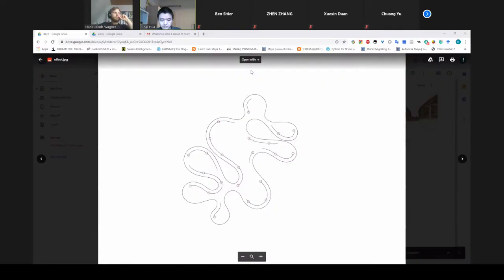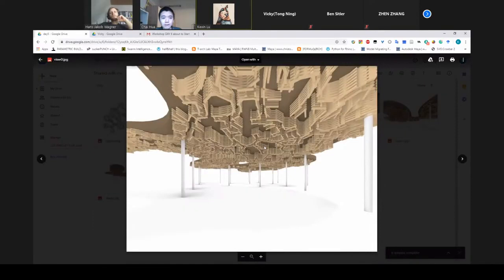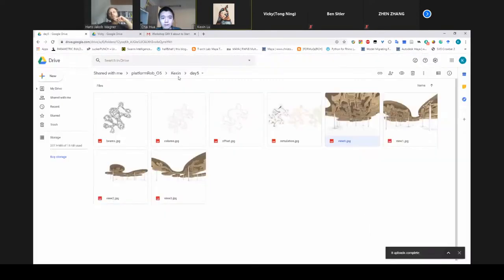All right. So we somehow adjusted our outline, and now the columns are positioned on the offset outline, and this is the outcome of the simulation generation, and these are in render views.